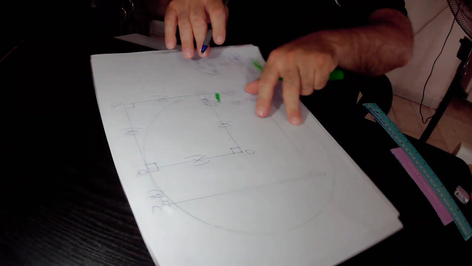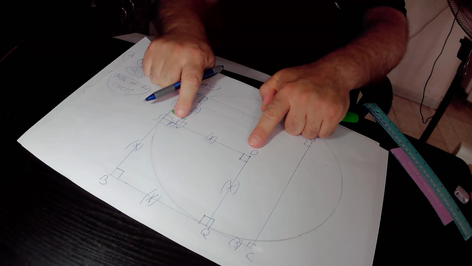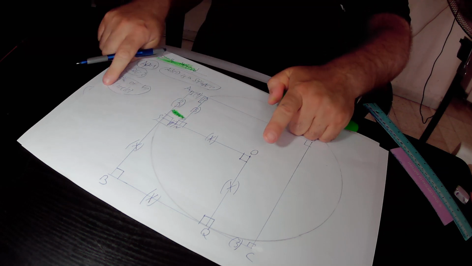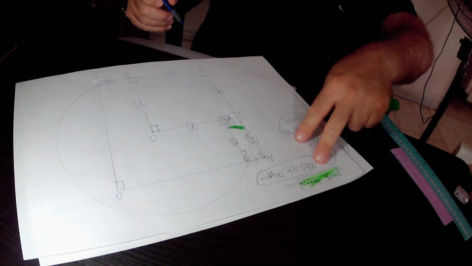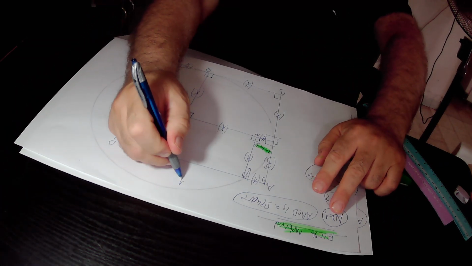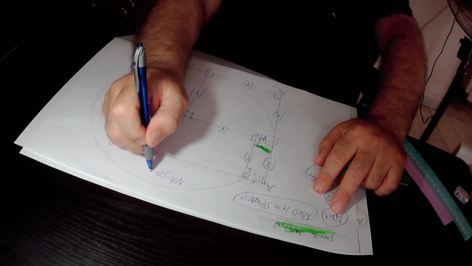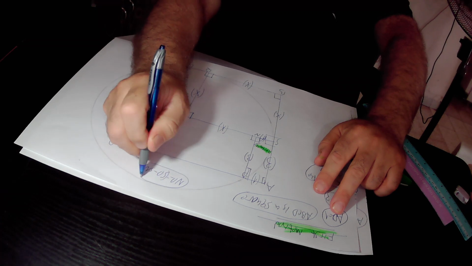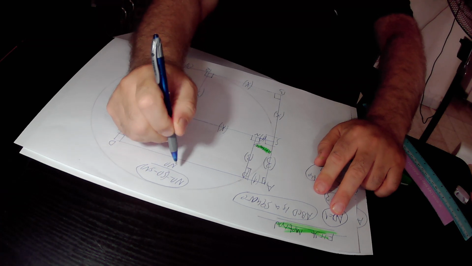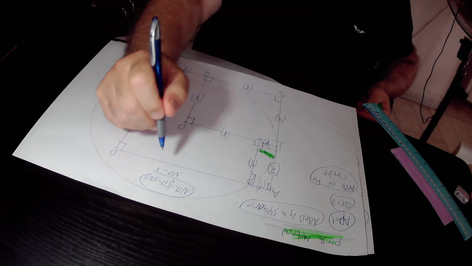What is the length of the missing line segment NO? From the drawing it is very easy to see that NO equals SO minus SN. So I write it down: NO equals SO minus SN. SO is the radius of the circle, which equals X, minus SN.